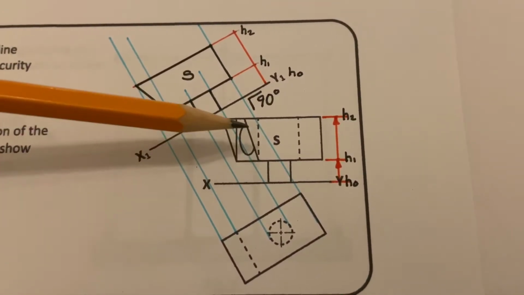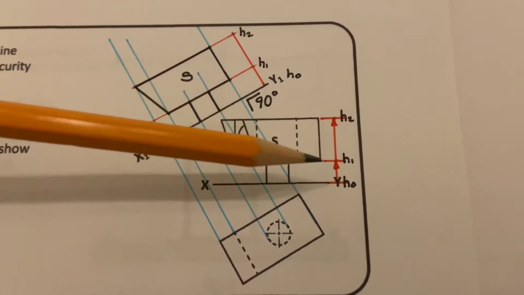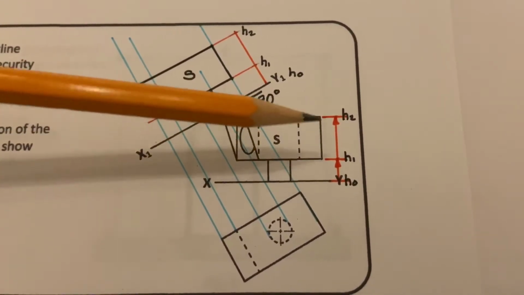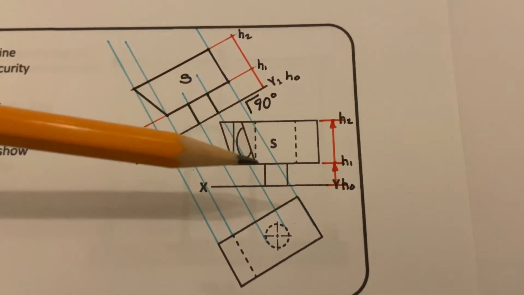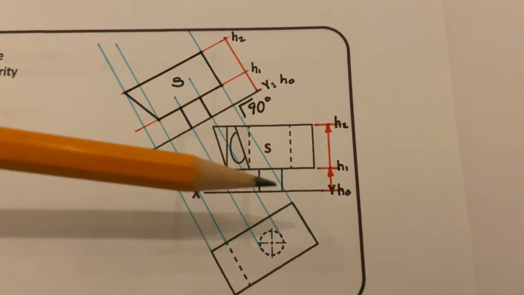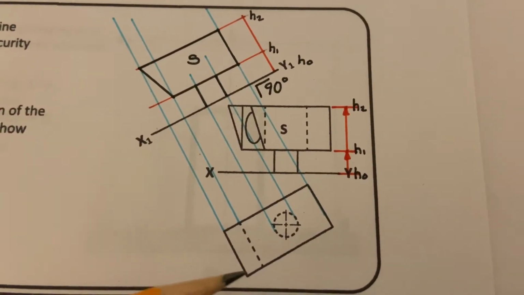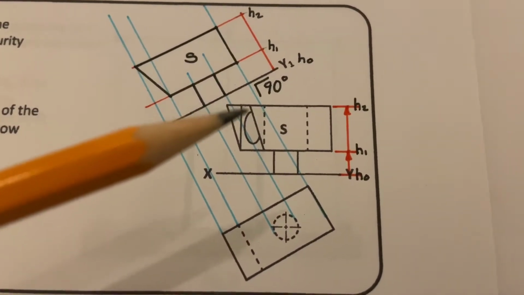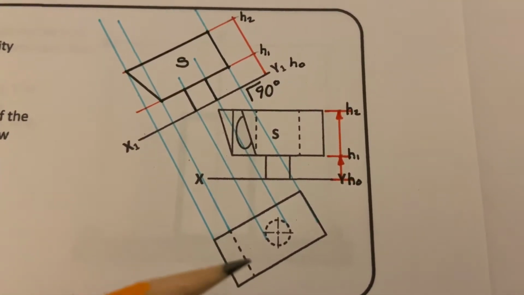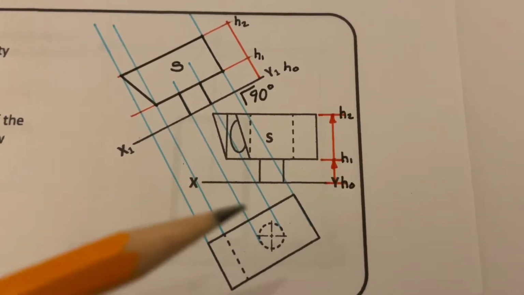So looking here at surface S, we can see that this side here is sloping, this side here is a vertical line, and we also have then the portion of the camera, the support of the camera here. So dealing with the actual body of the camera, this line here is going to be the top. We know that because this line, because it's put in as a dashed line, is the hidden detail line that's on the bottom.